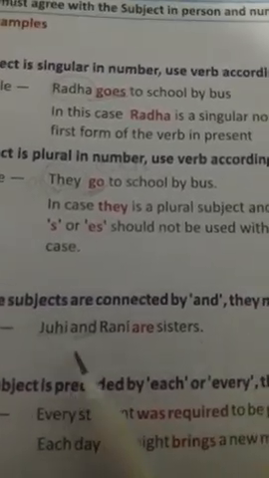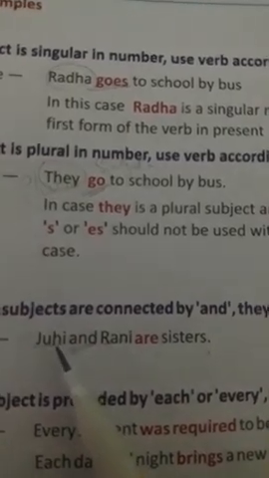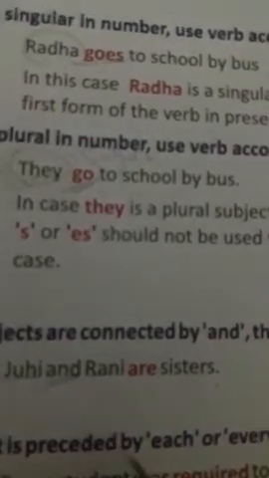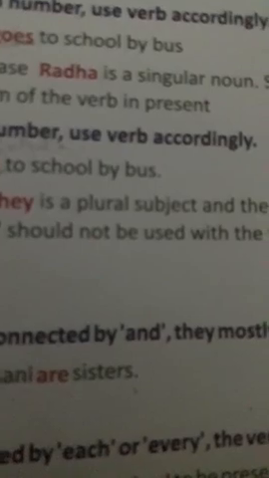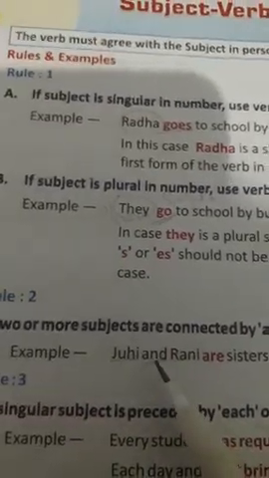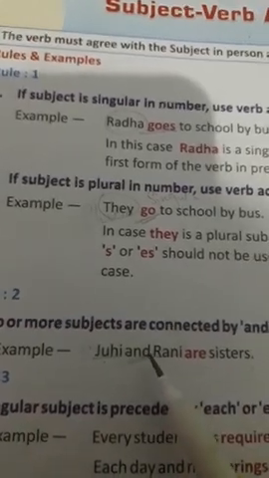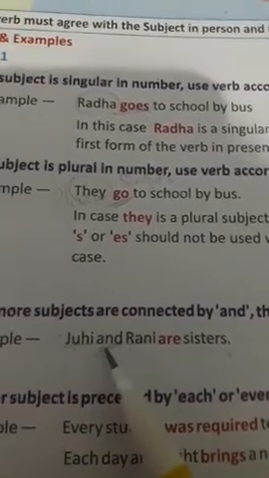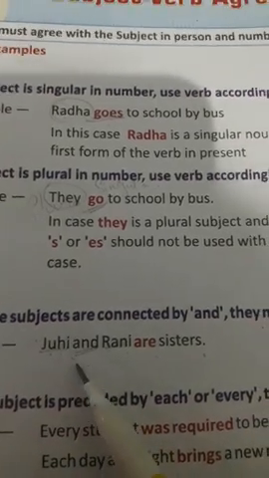So if your subject is going to be plural, then you have to take a verb in the plural form. Here when the subjects are connected by and, this is very important.